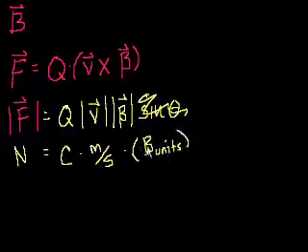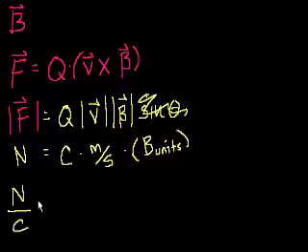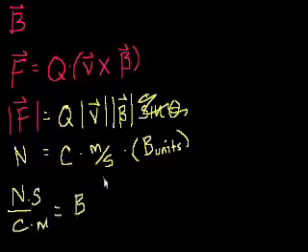We could call them unit sub B. So let's see, if we divide both sides by coulombs and meters per second, we get newtons per coulomb, and then if we divide by meters per second, that's the same thing as multiplying by seconds per meter, equals the magnetic field units. So the magnetic field in SI terms is defined as Newton seconds per coulomb meter.